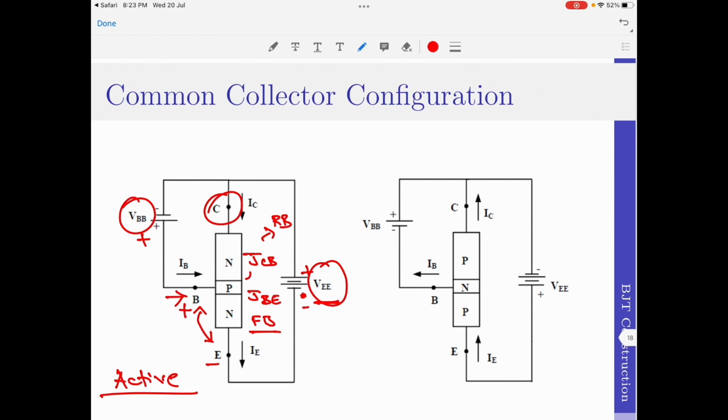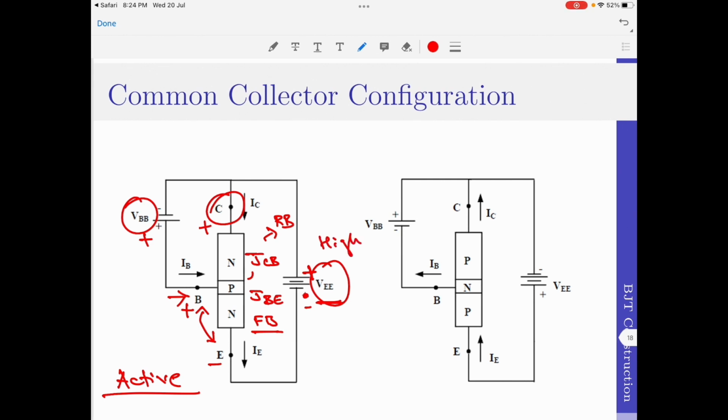Coming to the collector to base junction, note that the positive terminal of VEE is connected to the collector terminal. So the collector now is at positive potential, and the base terminal, as we previously discussed, is also at a positive potential. So we have to analyze the potential difference. As previously said, the value of the voltage applied across the collector is always high.